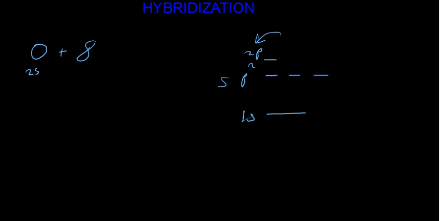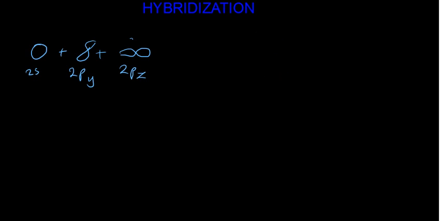So we don't know which p is going to come. So we have the 2p. Let's say this is 2py, and then let me put 2pz. Okay, the other one is not going to undergo hybridization. It is just going to remain like that.